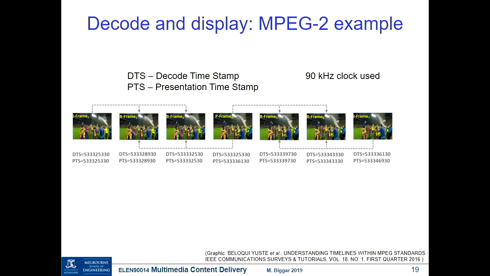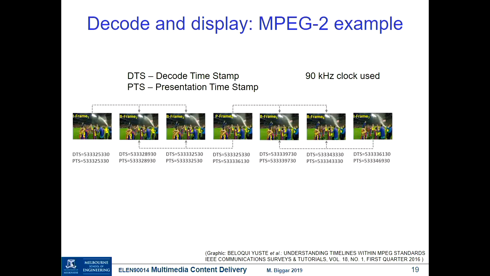These are just counts of this 90 kilohertz clock, assuming that encoder and decoder both have these clocks available. We'll talk about how to synchronize them in a moment. For this particular frame, we have this count for the decode timestamp, and the presentation timestamp is the same. So we should decode at that instant and display at that instant.